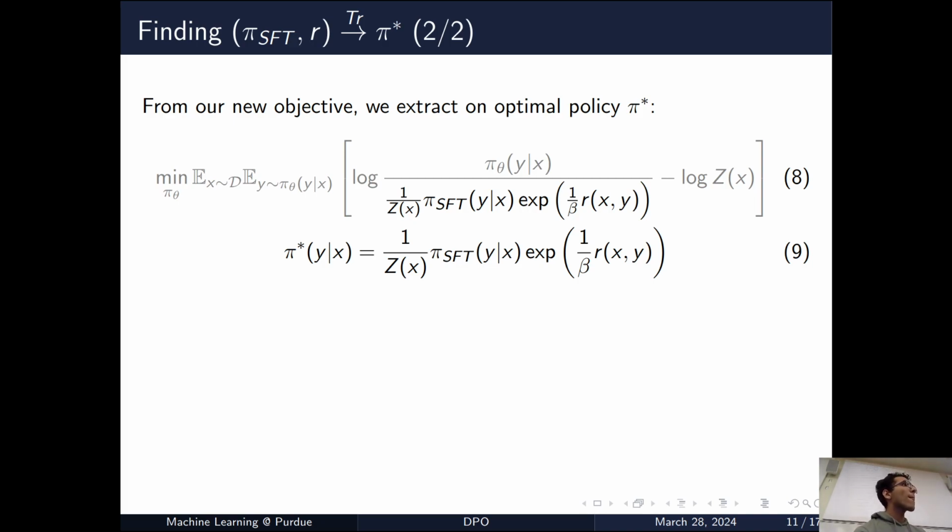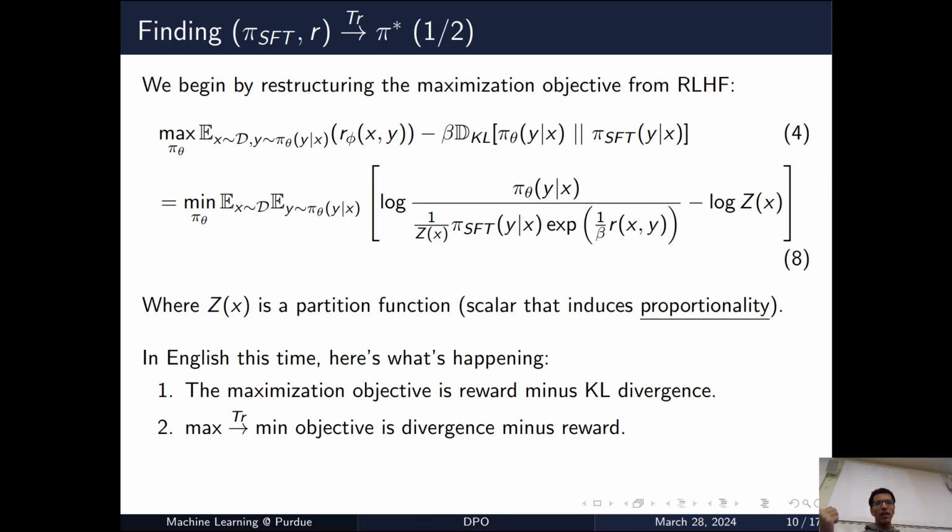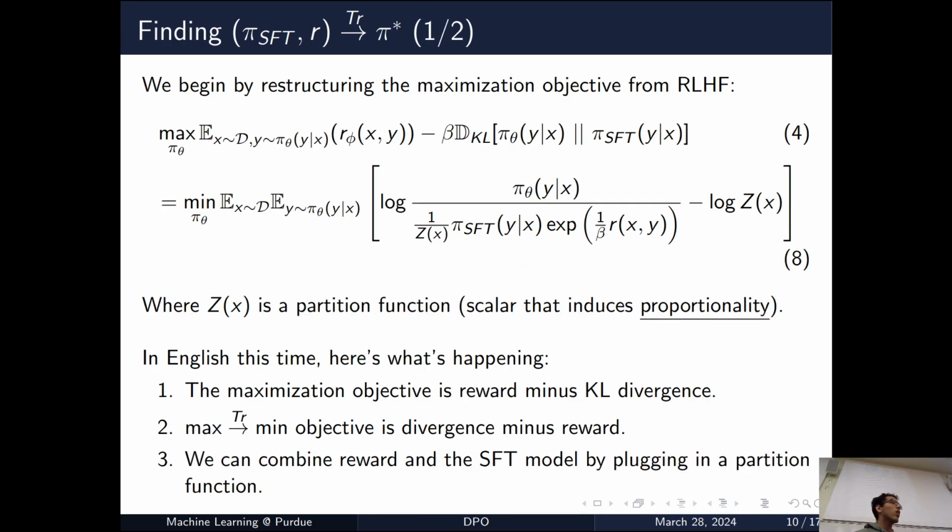Because equation 8, yeah, that's the optimization objective, coming from the expectation of reward minus KL divergence. Which we swap to KL divergence minus reward, because we change max to min, and then just reverse the order. So it just became divergence minus reward.